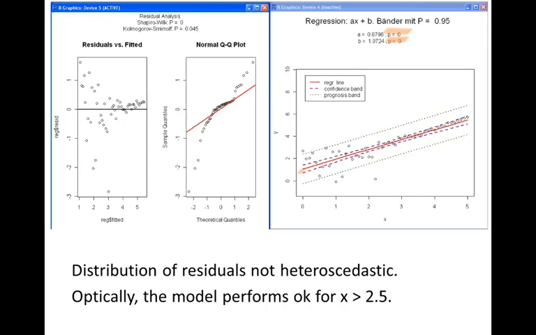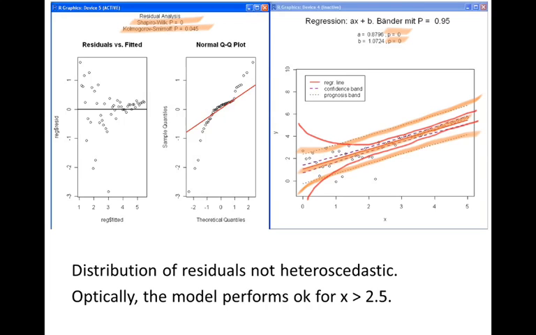It optically looks fine, at least concerning the red line, but we see that the confidence bands may not really measure the confidence at all the places. So here we would have probably something like this, because the confidence is much higher in this region than in the other one. But the linear regression model doesn't capture this behavior. So what you will see in the QQ plot here, that you have actually not normally distributed data.